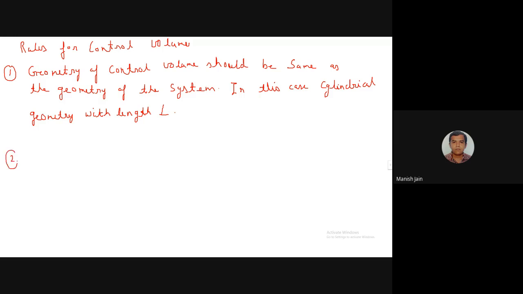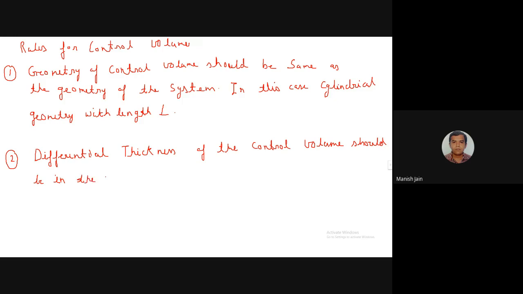Now the second rule is that the differential thickness of the control volume should be in the direction where velocity is changing.